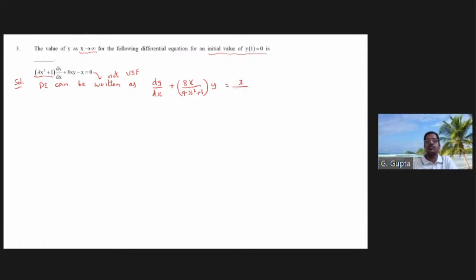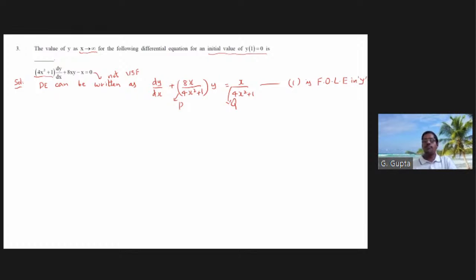After dividing by 4x square plus 1, it becomes x by 4x square plus 1. Let us denote this as equation 1. So this bracket is p and this term is q. Clearly p comma q are functions of x. So this is a first order linear equation in y. I hope everyone is following.